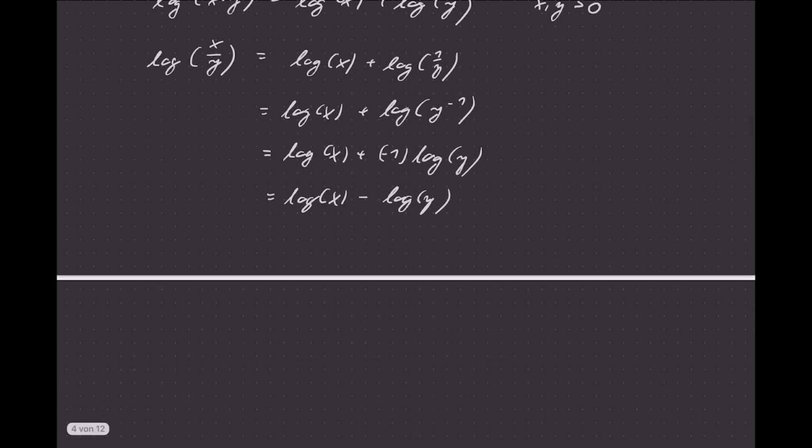And that's only a very special case of the following general rule, where the logarithm of b to the power of x is the same thing as x times the logarithm of b.